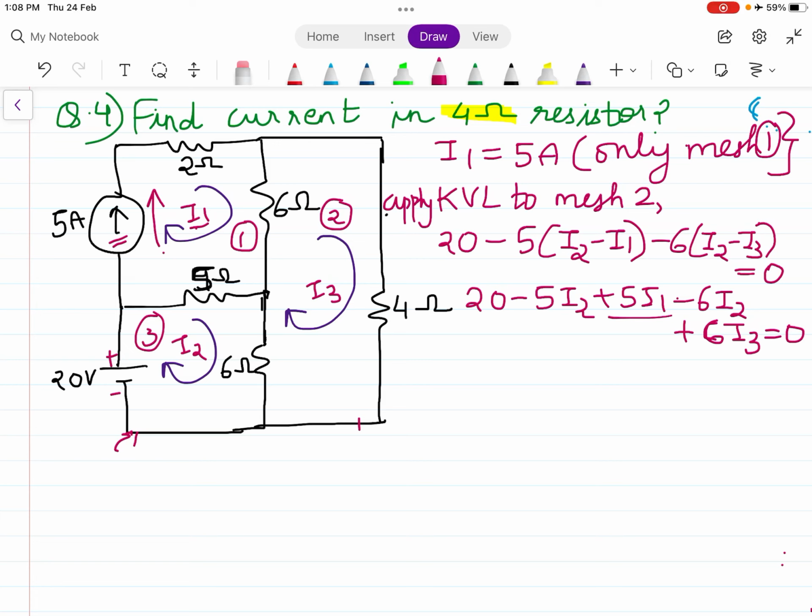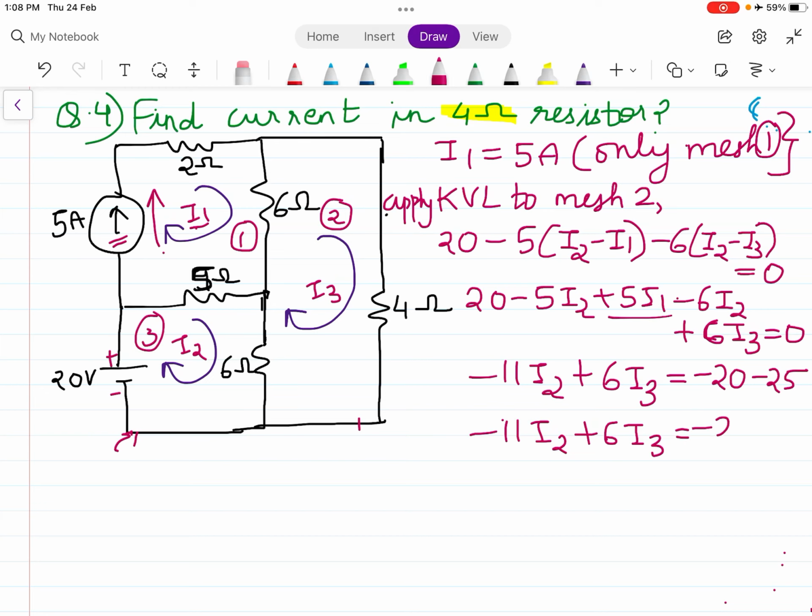So I'll directly write minus 11 I2 plus 6 I3 equal to minus 20 minus 25. So I write minus 11 I2 plus 6 I3 equal to minus 45. This is equation number 1.